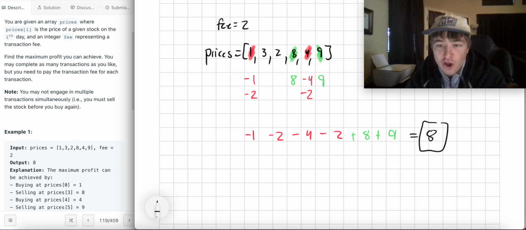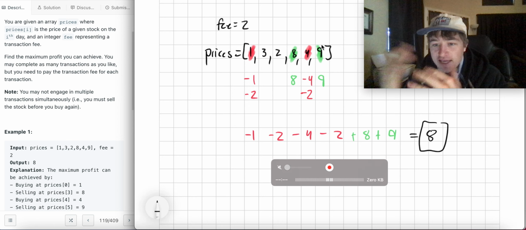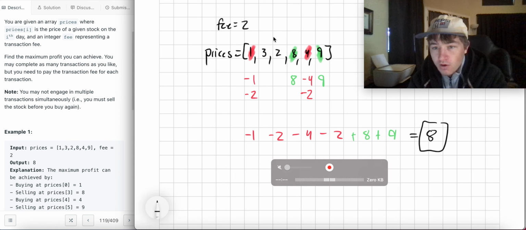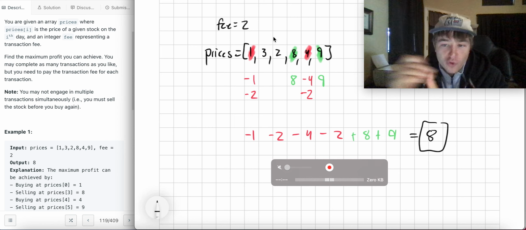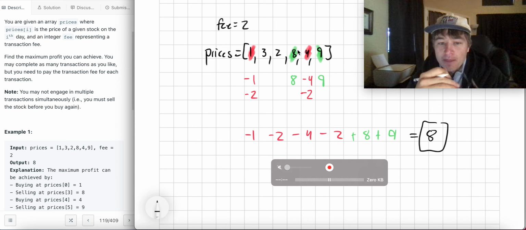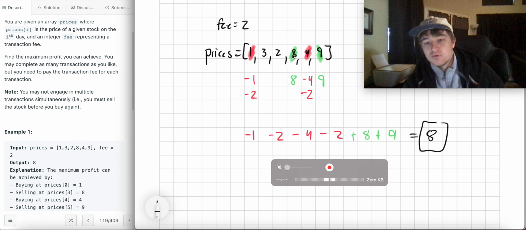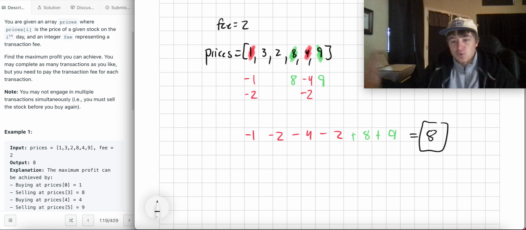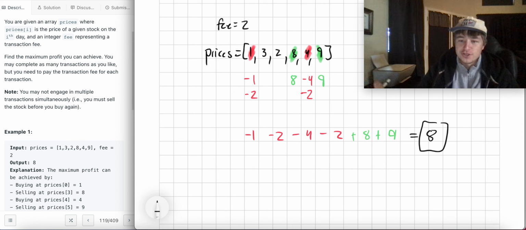Now, something to note in this problem is that the way that it's stated, you never see 2 reds in a row. You never see 2 greens in a row. Why? Because what does that correspond to? Green corresponds to selling. So you can't have 2 greens in a row because you can't sell twice in a row. That would mean that you sold the stock and you sold it again.